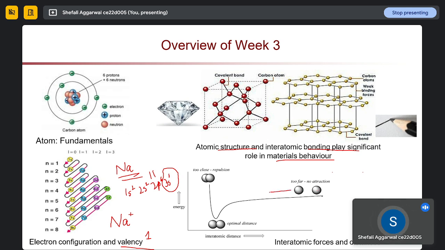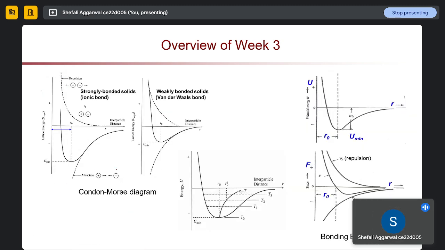So slowly they are coming closer, and at one point, at an optimal distance, you will see that the energy is the minimum energy. So at that point we are saying that is an optimal distance for two atoms. And then when they come very close to each other, they will face a repulsion among them. Okay, so this is the Lennard-Jones or Morse diagram.